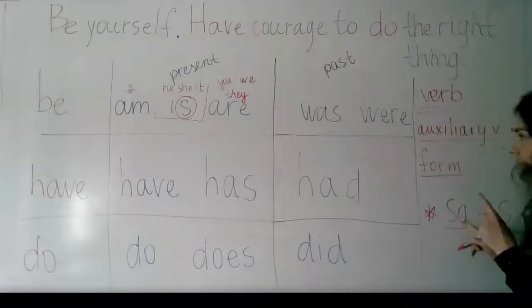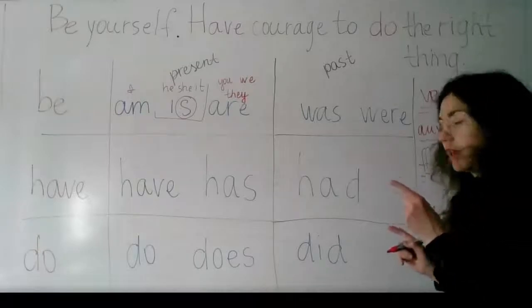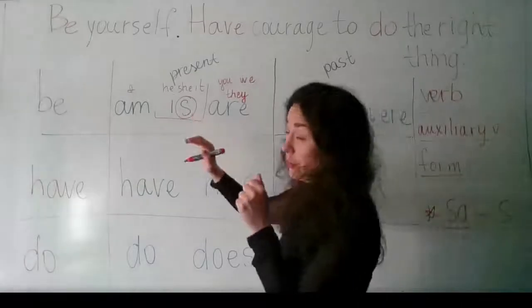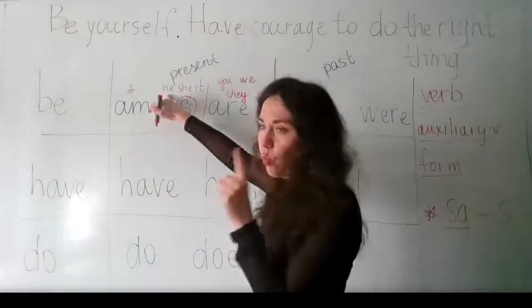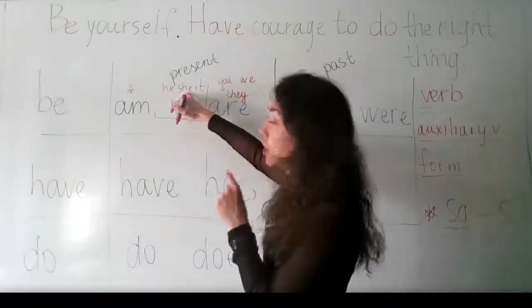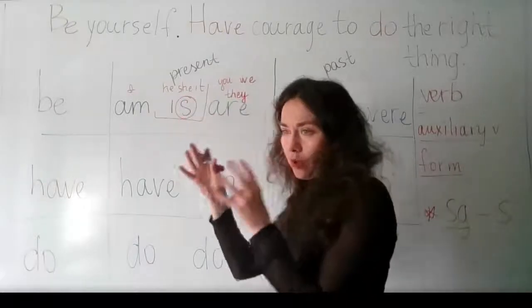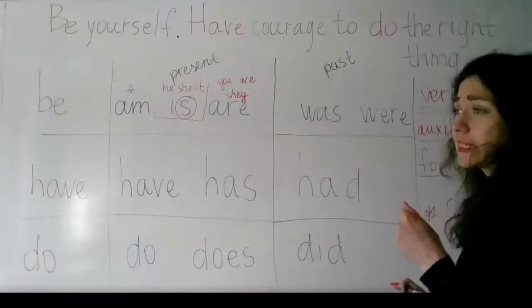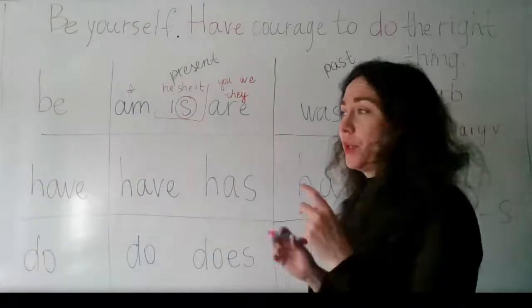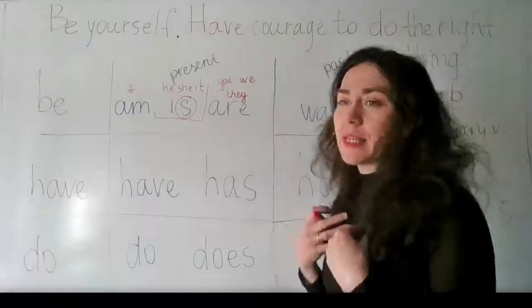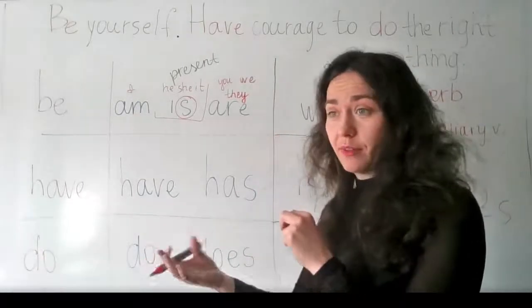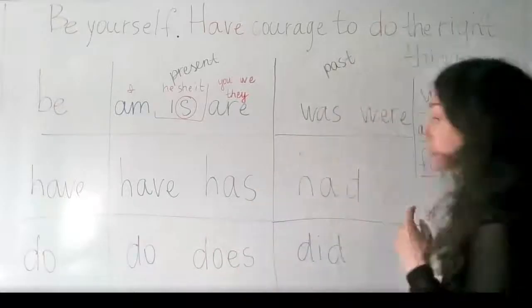Singular means that we speak about one single thing or a person, like he, one person, she, one person, it, one object, or person can be as well. So singular. It's easy to remember when you think about this phrase, I'm single. It means I'm alone, I'm single, I don't have any partner, I'm not married, I'm single, singular, one.